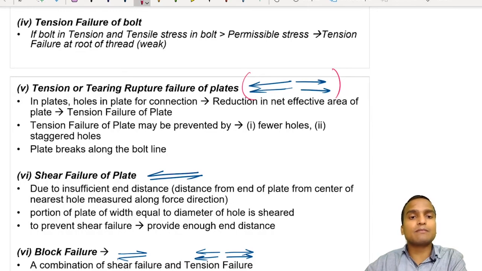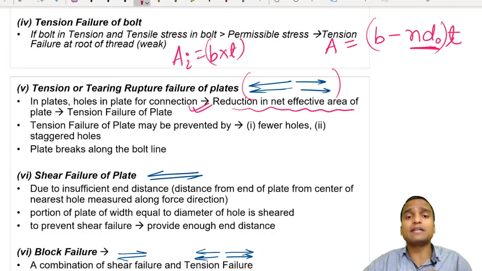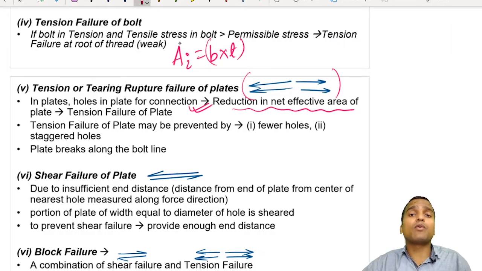So in plates we provide holes for connection, and due to these holes there is a reduction in the net effective area of the plate. Initially the cross sectional area of the plate was B times T, where B is the width of the plate and T is the thickness of the plate. Now after providing n holes in the plate, the width will reduce.